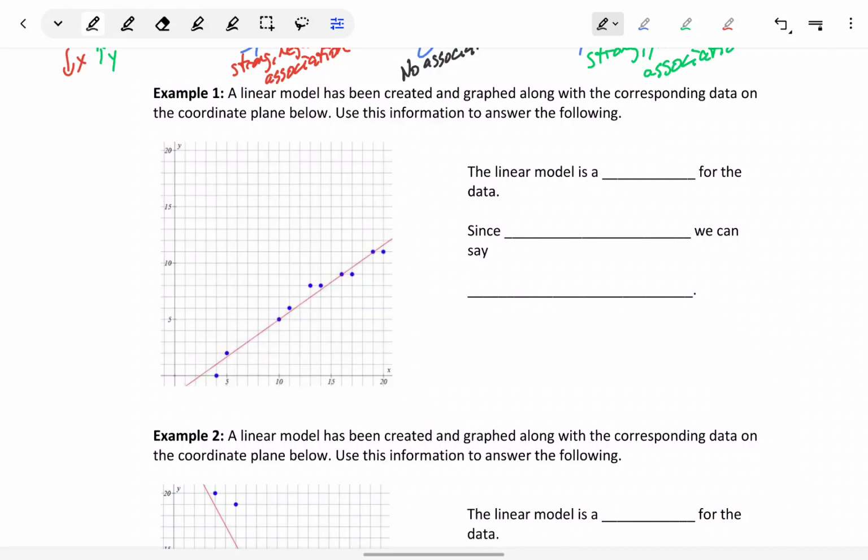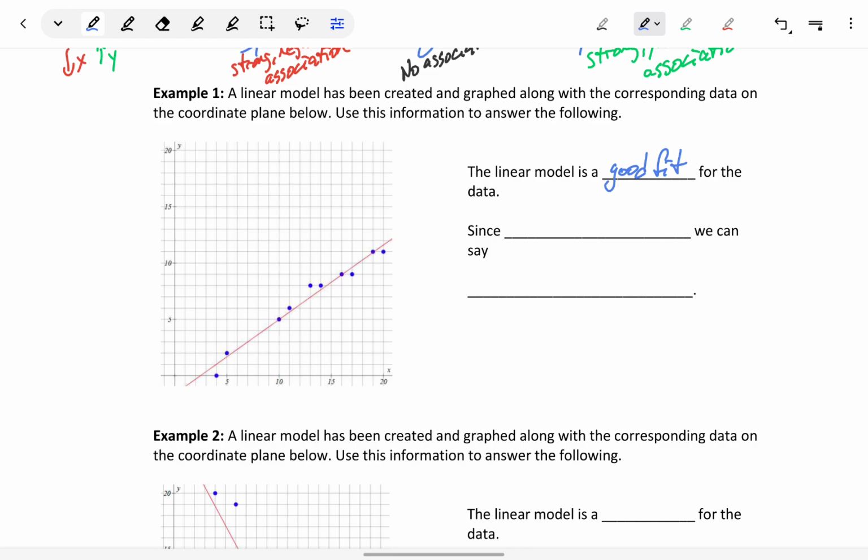In example 1, we're given a linear model that's already been created and graphed along with the corresponding data. What we want to do is use this graph to answer the following questions. So in this case, we could say that the linear model is a good fit for the data because all of the points are close to that straight line pattern that's graphed along with them.